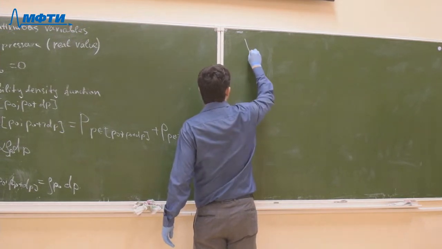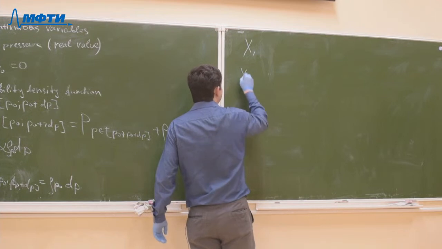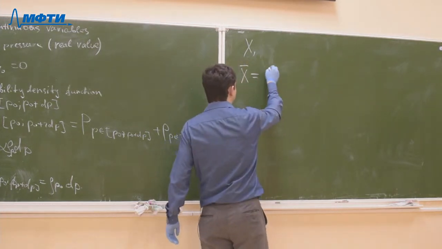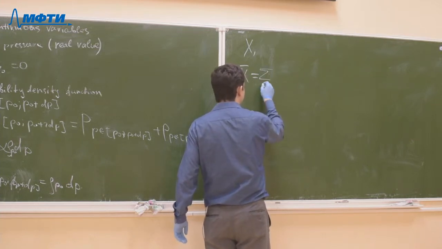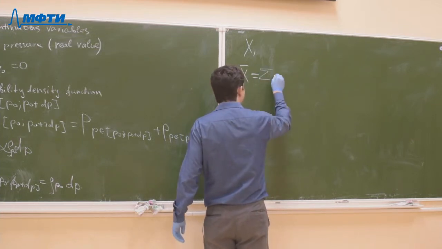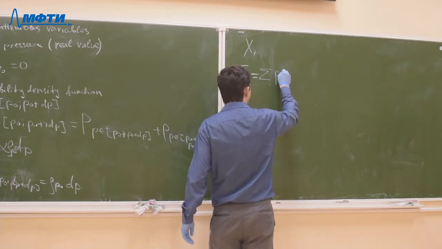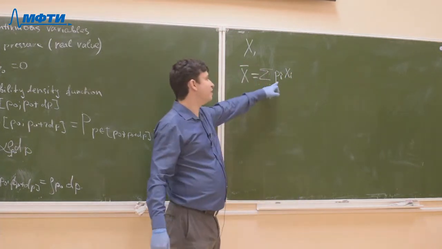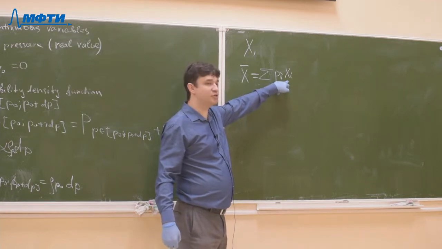So let's say we have random quantity x, and mean value is by definition the following. If x is a discrete variable, then this is the sum of pi multiplied by xi. So pi is the probability of x being equal to xi.